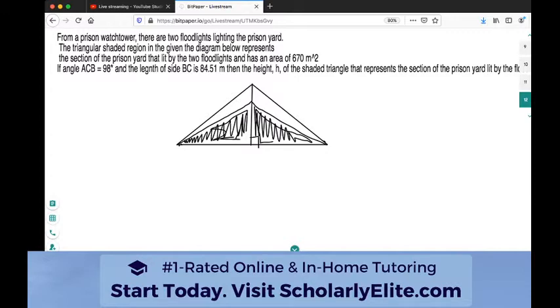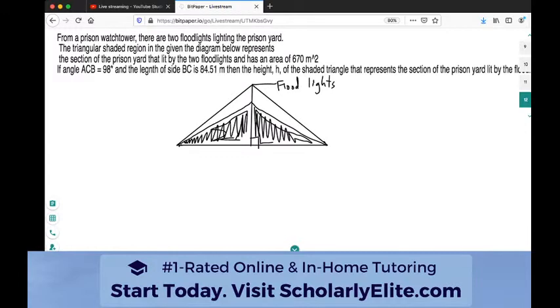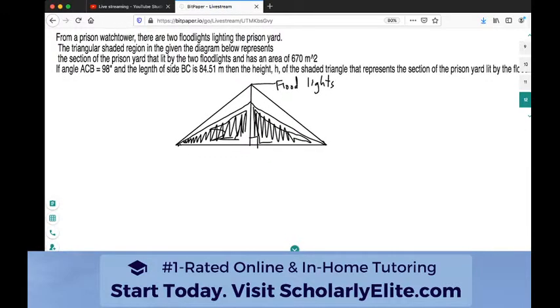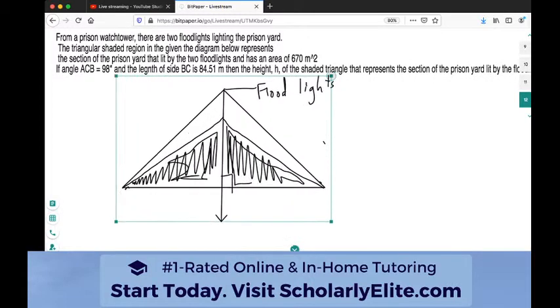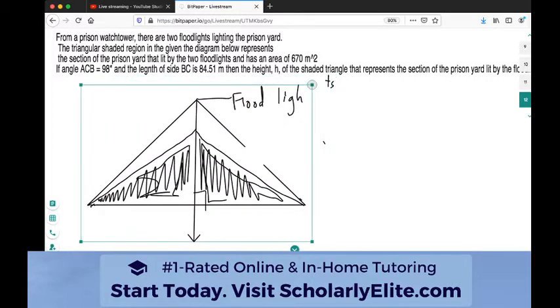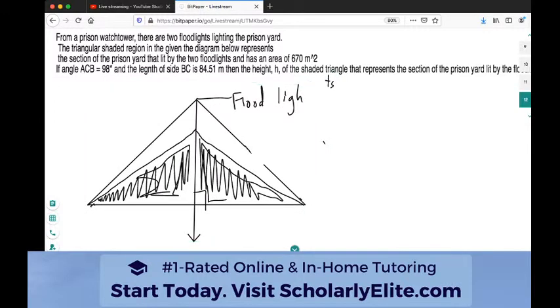So the prison watchtower, if these are the floodlights, let's take this whole section here and make it bigger, just so everyone can see what I'm talking about. That should be a straight line as well. Okay, so we've got floodlights.